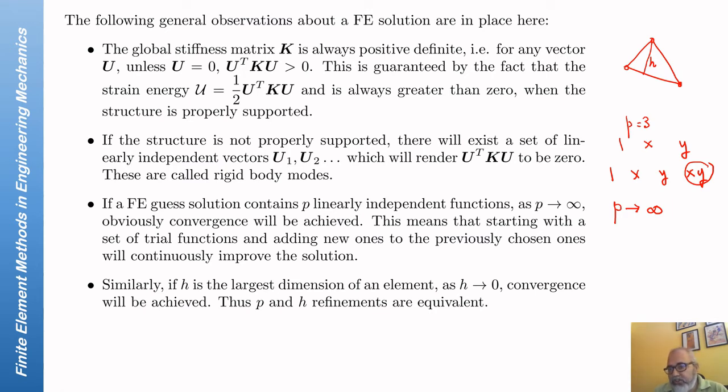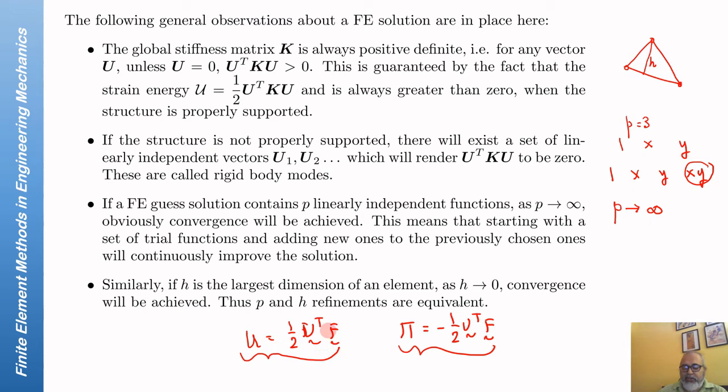So the most normal, easiest to see is the fact that, as I said, U turns out to be half F transpose U, and pi turns out to be minus half U transpose F. You are trying to minimize pi, which means you will in the process increase the strain energy stored. Strain energy is something like your half kx square for a spring.